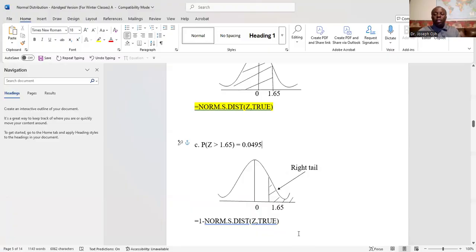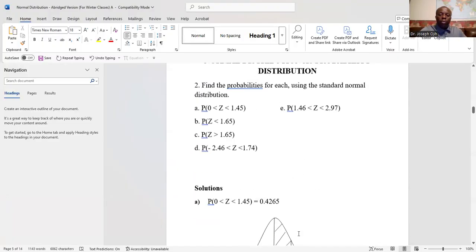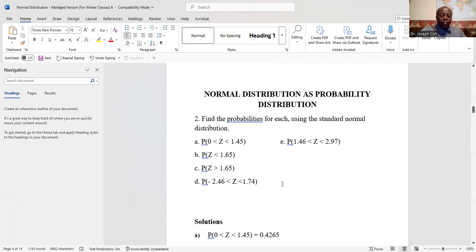So for each scenario, you have different ways of doing it. Now let's do one more here. Let me copy it completely.